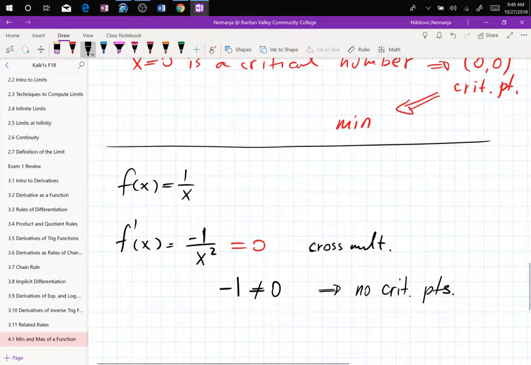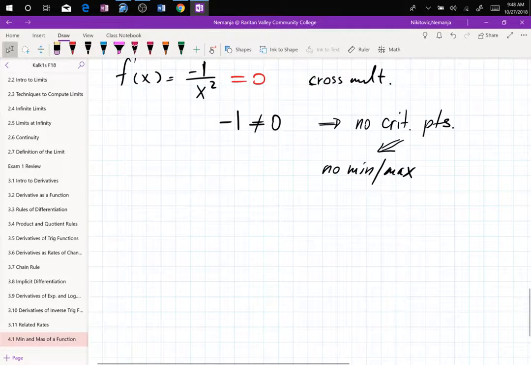No critical points means no min or max. And that's okay. I already said that certain functions are not going to have min and max, and I listed 3 of them. Here's 1 over x, which is one of the 3 I listed.